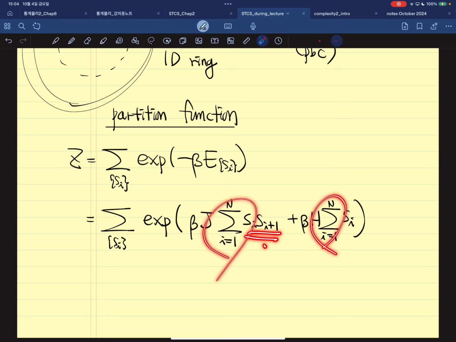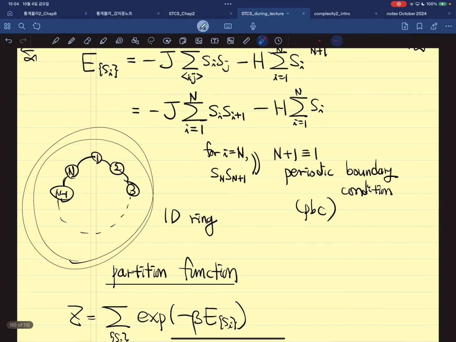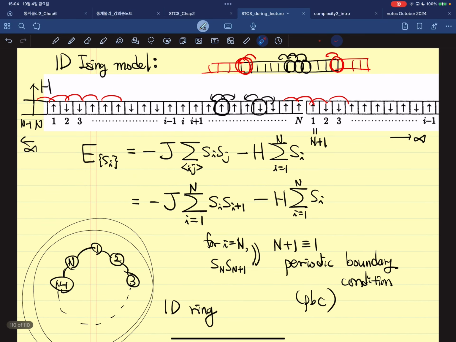Because this is a single summation, maybe it's easier to solve. Imagine doing a two-dimensional system, a two-dimensional Ising model here. Then this term becomes much more complicated. It's not just i plus 1, but you have to consider above and below, and yeah. Maybe you think that's straightforwardly extended, but it's not. It's really not. Believe me.